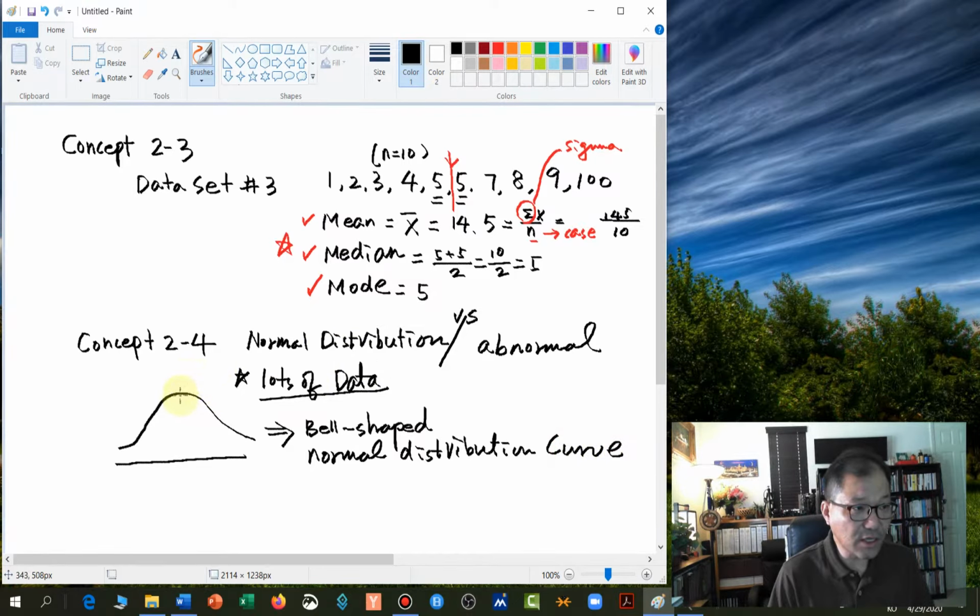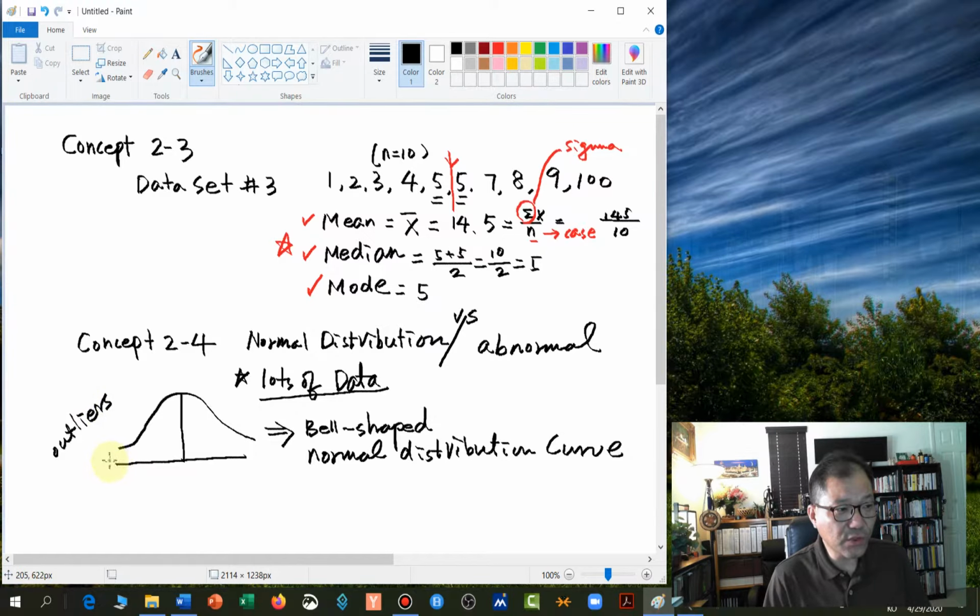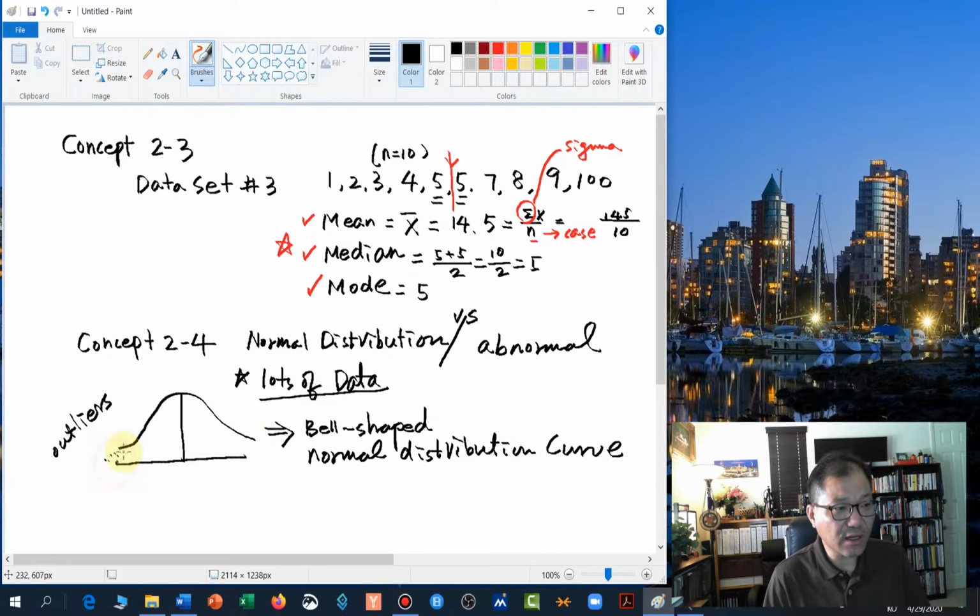So now you can see the middle section is really high, and we have a few cases. Those are called outliers. Very few low scores somewhere around here and very high scores, a few cases right here. But in most cases, you can see a lot of people or numbers are right in the middle. That is called normal distribution, also known as bell-shaped or normal distribution curve.